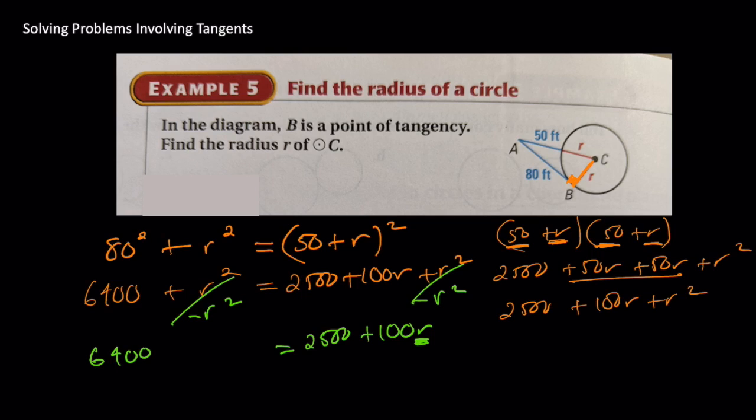So now I'm going to subtract 2,500 from both sides, and when I do that, I'm going to get 3,900 equals 100r, and I'm going to divide by 100, and I'll get 39 equals r. And so r is 39. What appeared to be a really challenging problem wasn't so bad. You just had to realize that the hypotenuse in this case was just the 50 plus r.